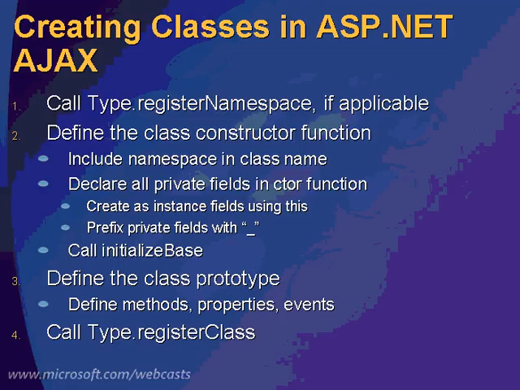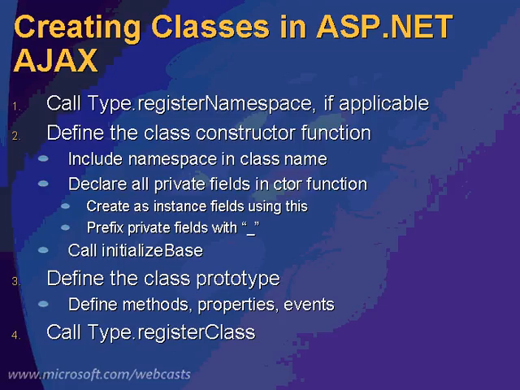That's a must because the infrastructure depends upon initializeBase, specifically when you're dealing with inheritance. And I'll show you a demo of that in the inheritance section. But just remember, if you're doing implementation inheritance, you need to call initializeBase or it won't work. And I'll show you the initializeBase on the next slide.